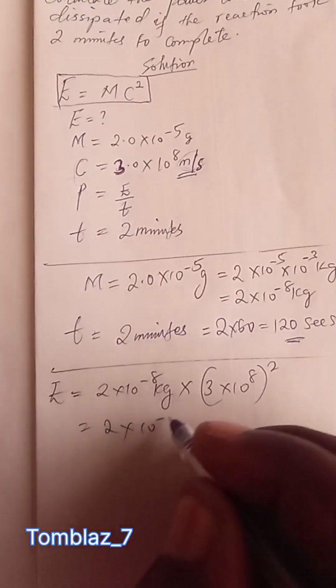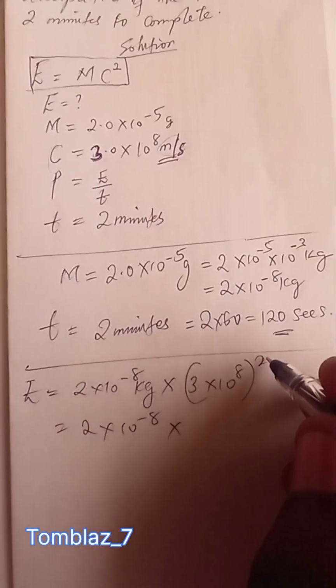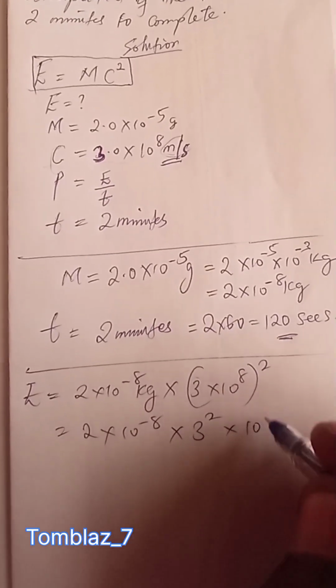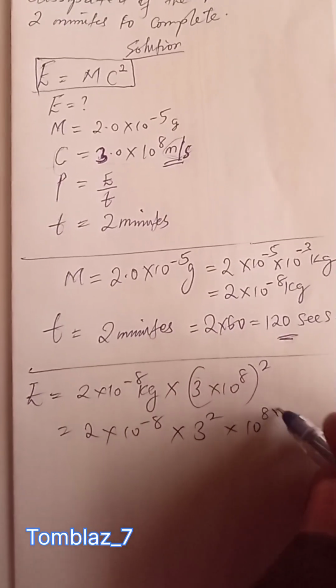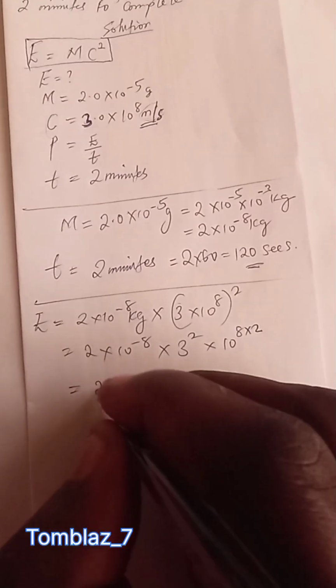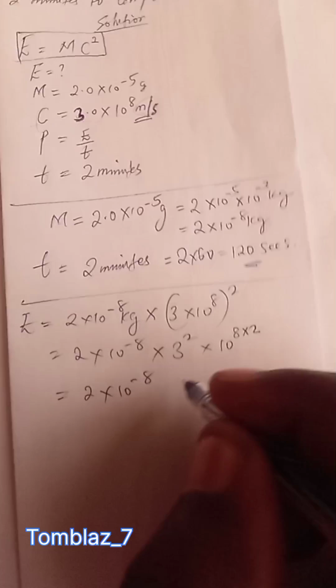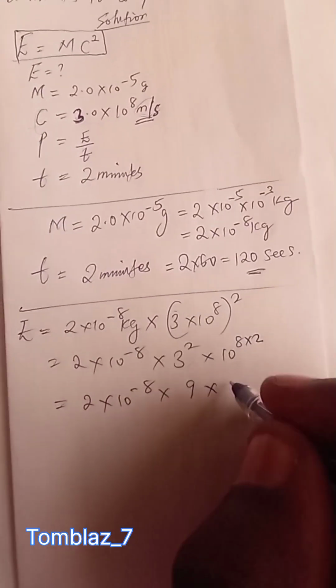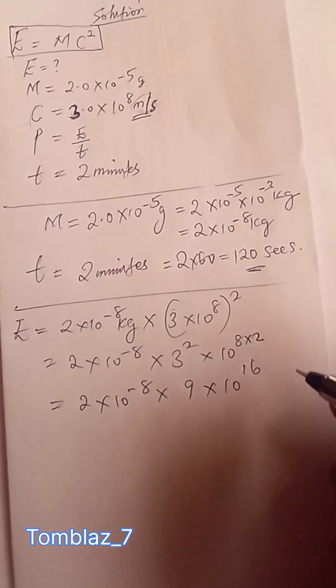This square will affect this 3, so it will be 3 squared, and it will also affect this 8, times 2. So we're going to have 2 times 10 raised to power minus 8, times 3 raised to power 2, which is 9, times 10 raised to power 16.